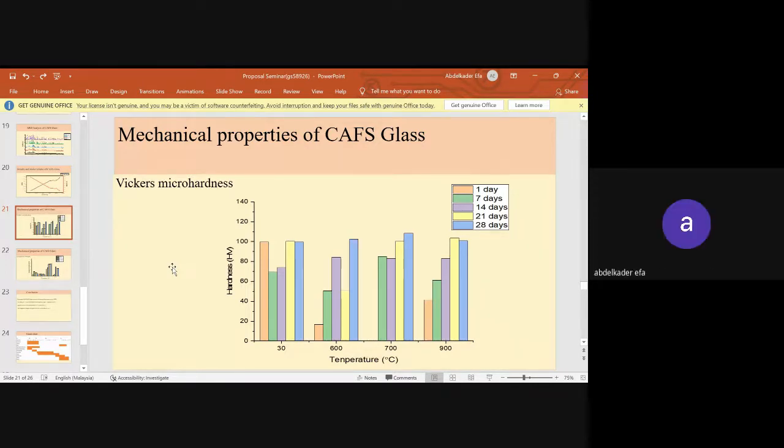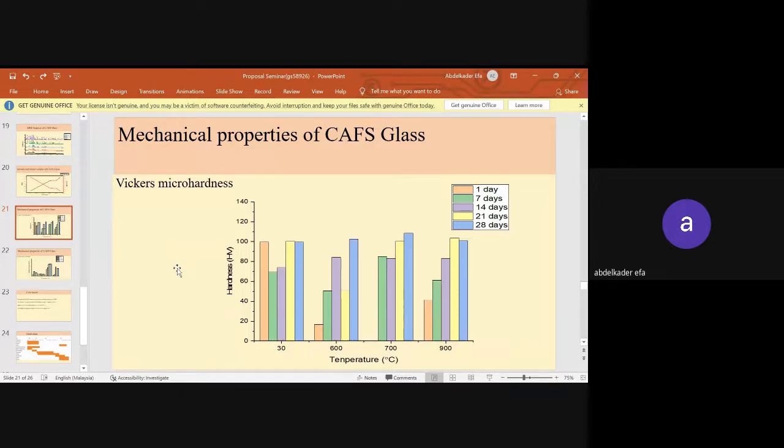Okay. Thank you. I have one question, please. What is the benefit of adding calcium fluoride in your work? Yes, one of the purposes of calcium fluoride is to get a fluoroapatite phase. Fluoroapatite is responsible for hardness and compressive strength.